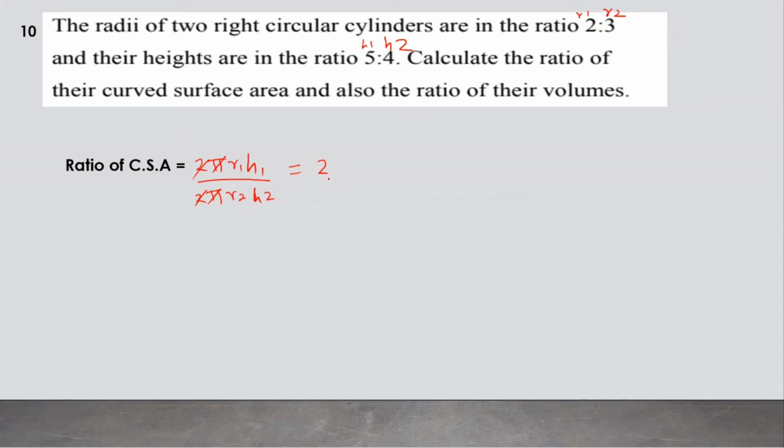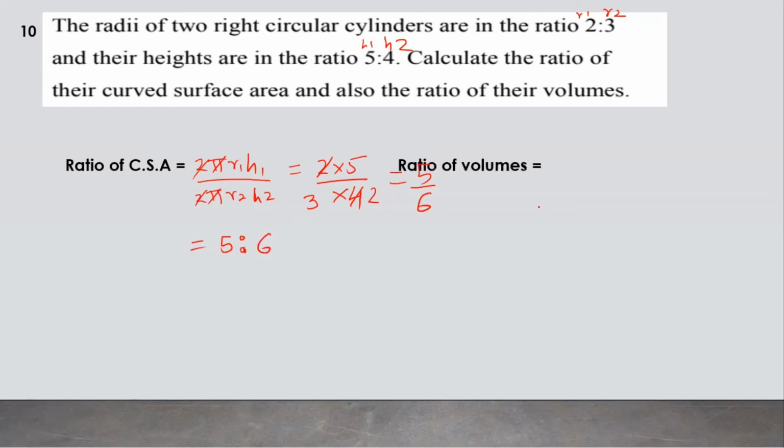So let us take the ratio because it is 2:3. So 2, and the height is 5 for the first one, and the second one, the radius is 3 and the height is 4. So if I simplify this, I get 2 2s are 4, and my ratio is 3 into 2 is 5 upon 6. So the ratio of the curved surface area of the cylinder is 5:6.